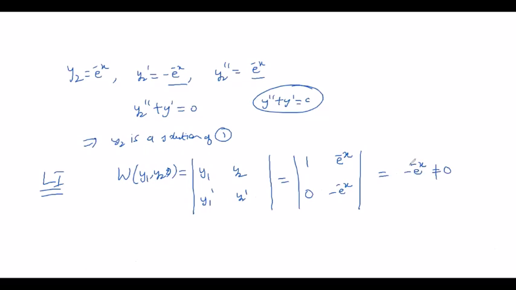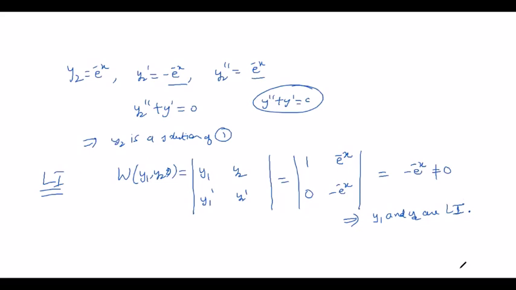But this one is free from the interval because it is always non-zero. It really does not depend upon any value of x. So the Wronskian is non-zero, which implies the functions y1 and y2 are linearly independent. I'm writing LI in short. Okay, so we are done.